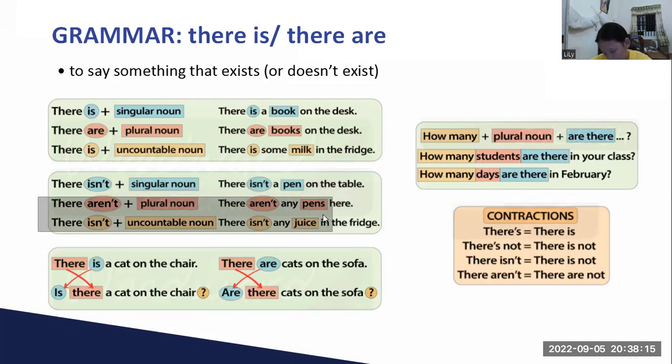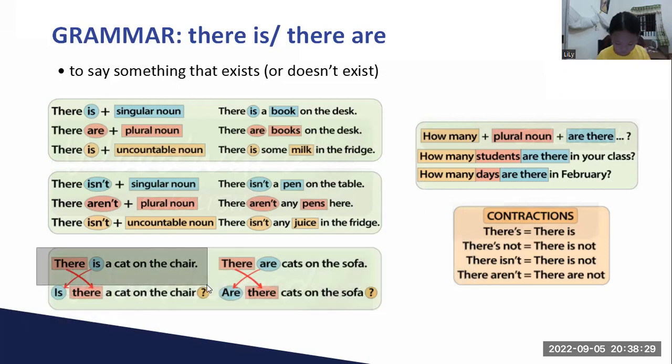There aren't plus plural noun, there aren't any pens here. There isn't plus uncountable, there isn't any juice in the fridge. Then for the interrogative, that means asking question, there is a cat on the chair. Is there a cat on the chair? There are cats on the sofa. Are there cats on the sofa?